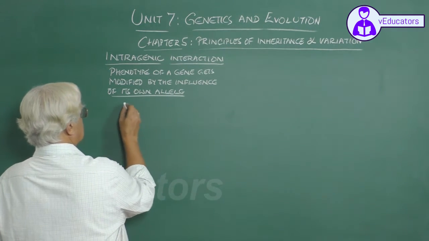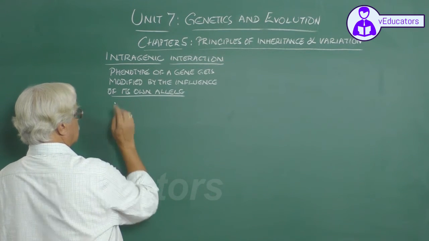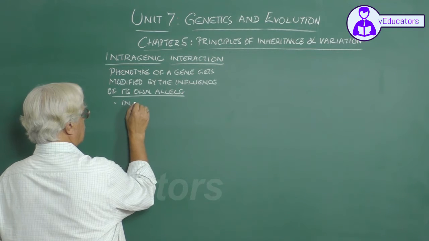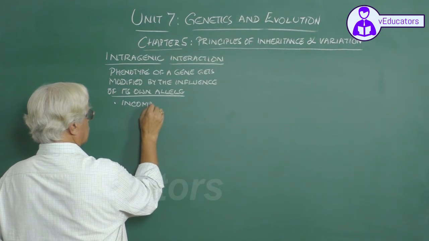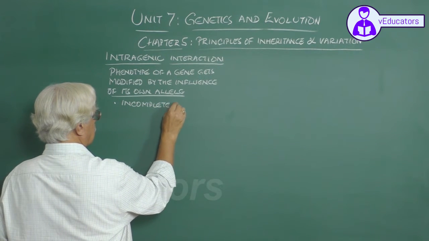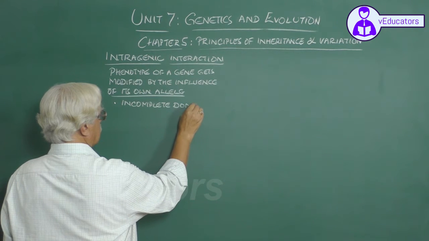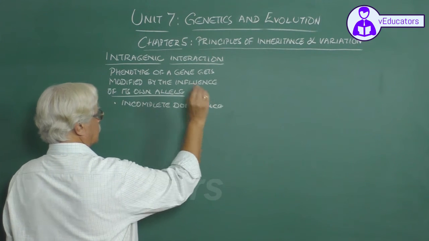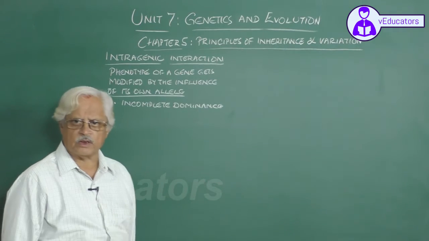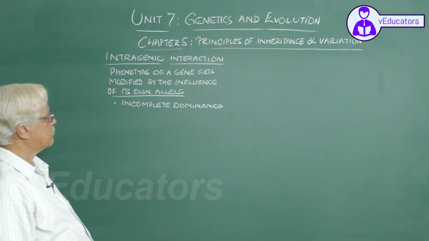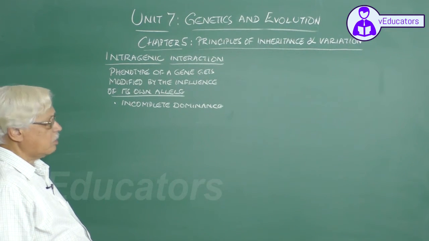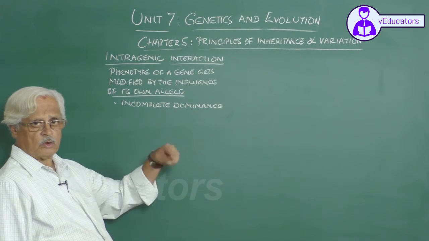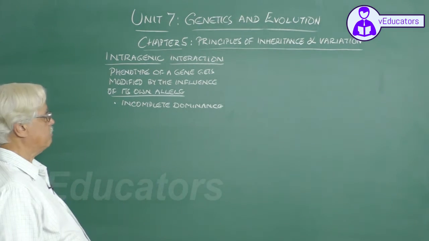One example, one situation showing this kind of interaction, is called incomplete dominance. So let us take an example to show incomplete dominance. Normally we have seen that between two alleles, one is dominant, the other is recessive.